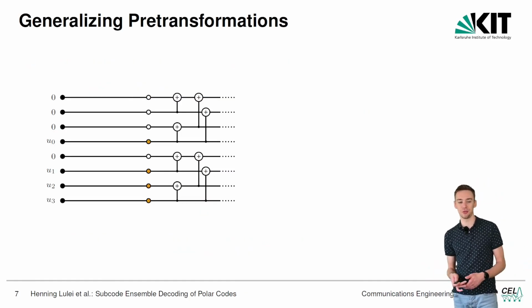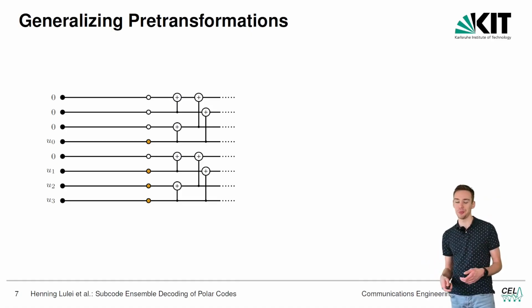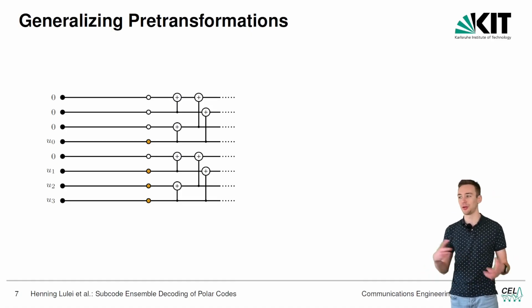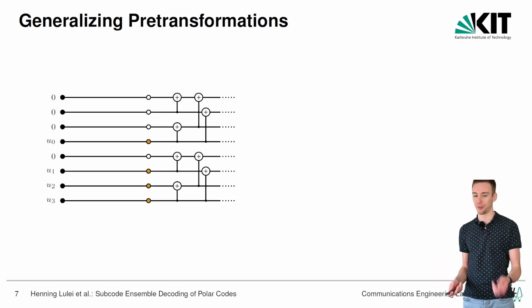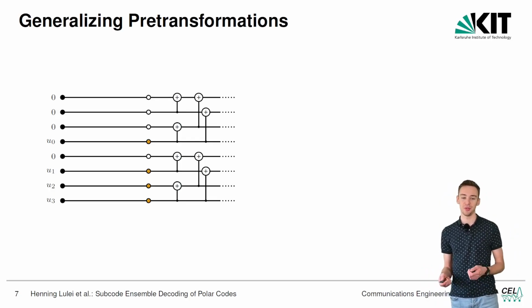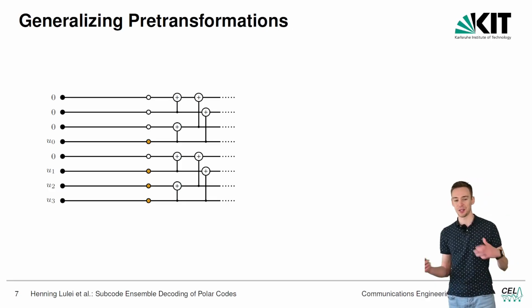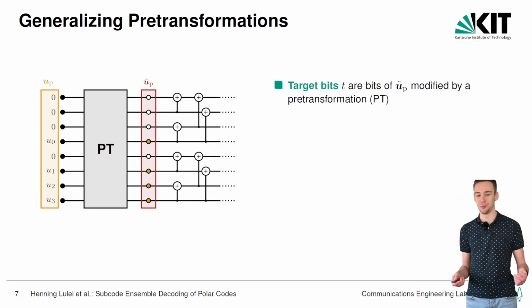Now that we have looked at the two different kinds of pre-transformations, we would want to generalize them. By generalizing them, we can use them in our framework for our ensemble decoder and try out different options much faster. So right here we again have our plain polar code on the right, our information bits in orange, and on the left we have our data, which consists of the data bits U0 to U3 and some zeros. We call those bits together the padded data word UP.